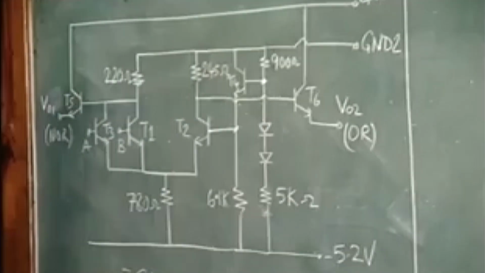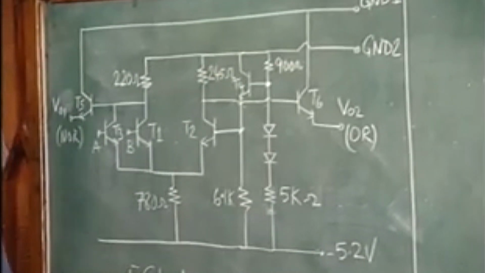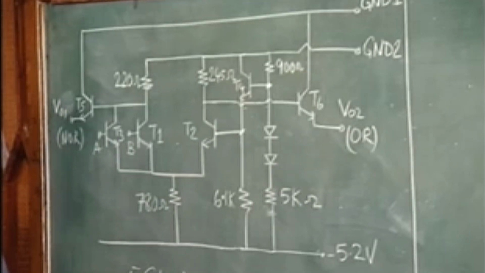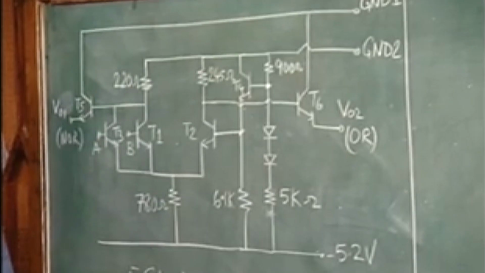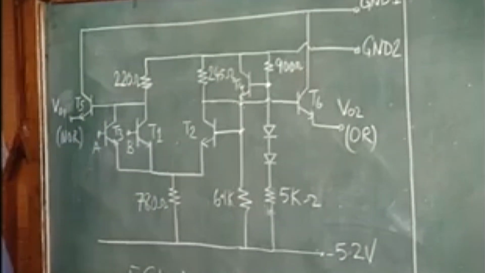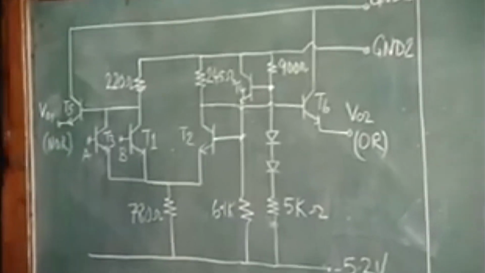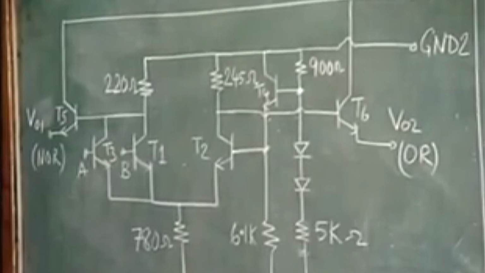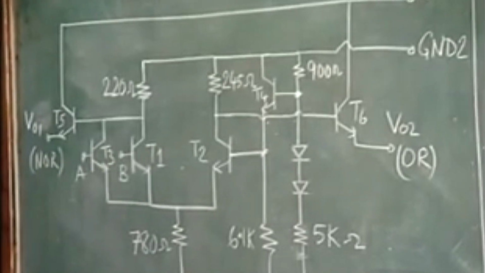And we shall analyze this circuit and see how the input output characteristics are for this particular circuit. Let us look at the circuit and see how it compares with the circuit which we have already discussed.